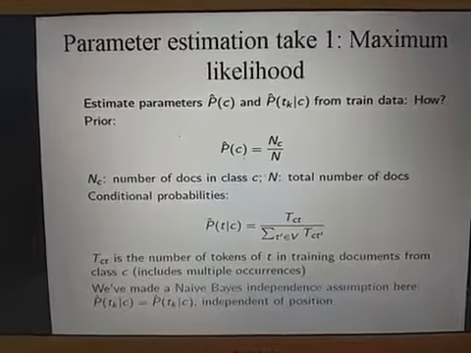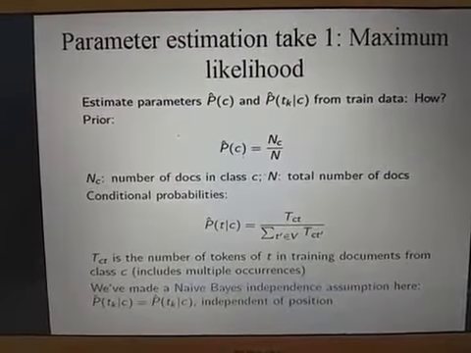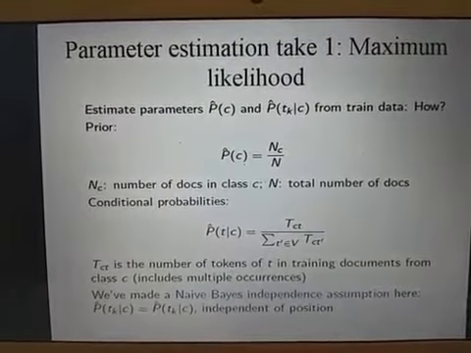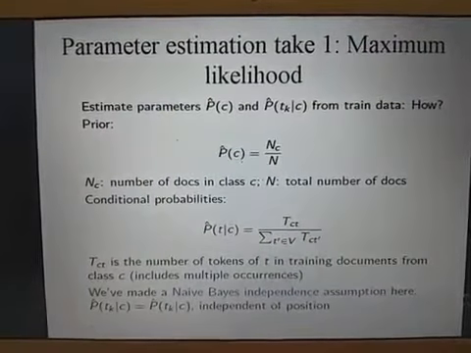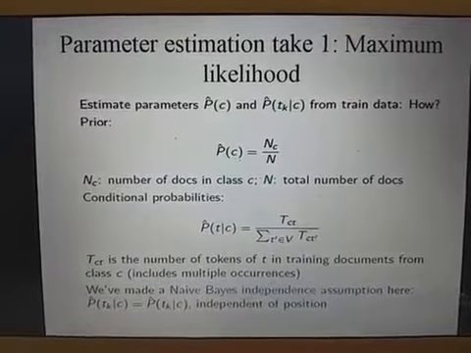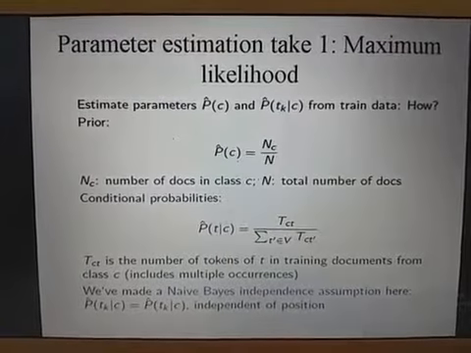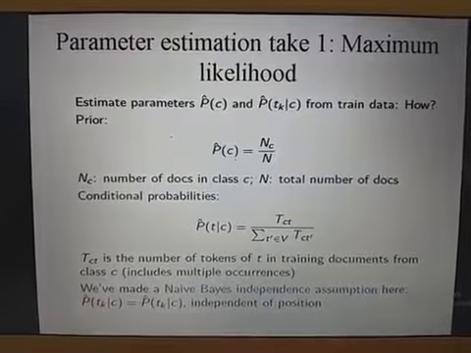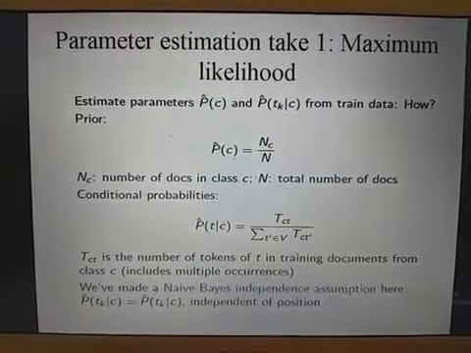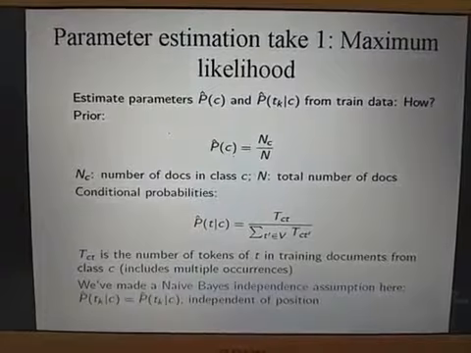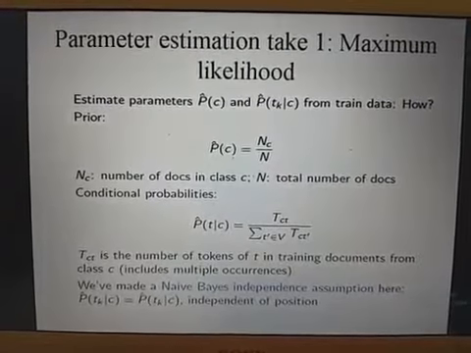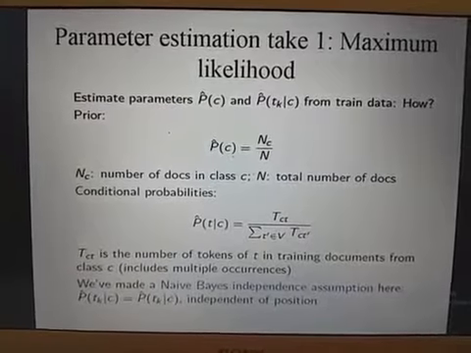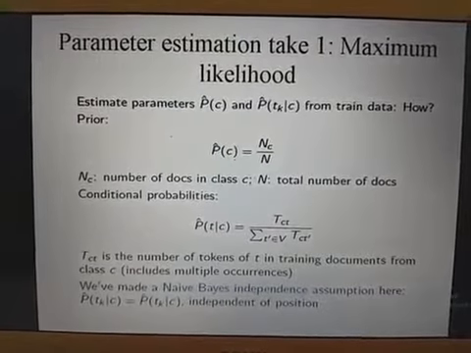For the prior, the probability of that class is equal to Nc by N, where Nc is the number of documents in that class C. Here we have to find out how many documents belong to that particular class with respect to the total number of documents present, which is equal to N. Then we can apply the conditional probabilities.